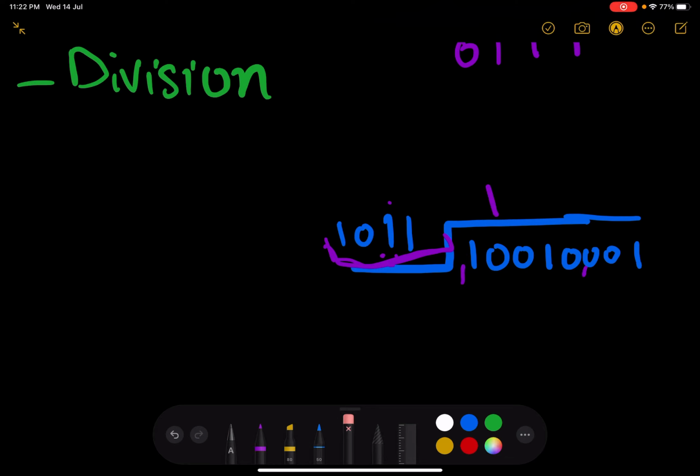And then we subtract the 2 numbers and start from the bit that is your least significant bit, from the number that you took here.